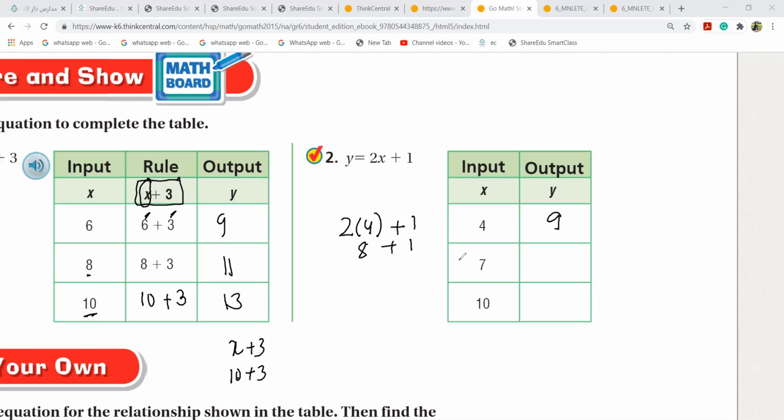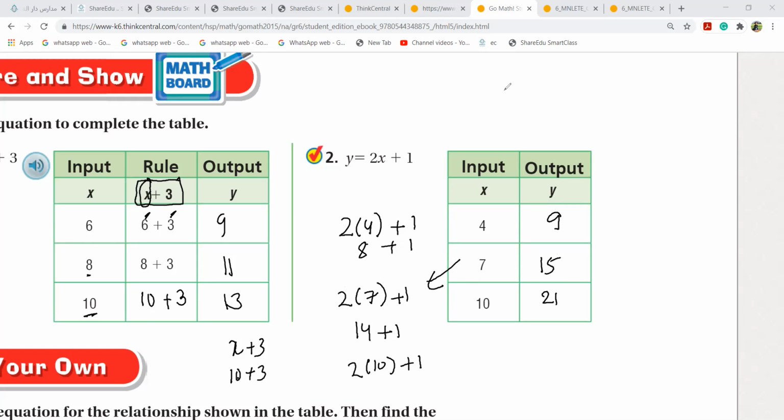Very good. Next, 2 times 7 plus 1, 14 plus 1, 15. Yes. Then you have 2 times 10 plus 1, that is 21. Got it? Yes, I didn't understand. Yeah, it will take time here.